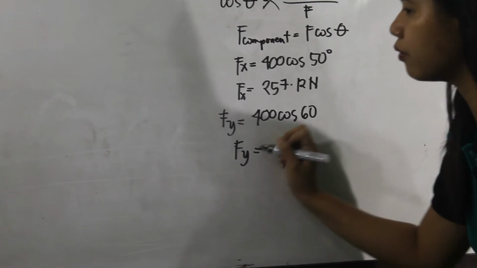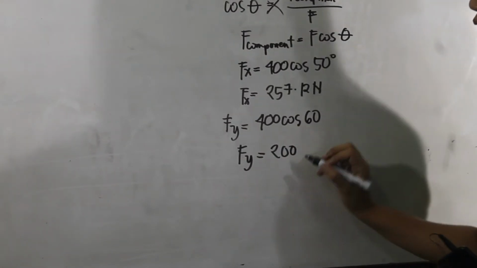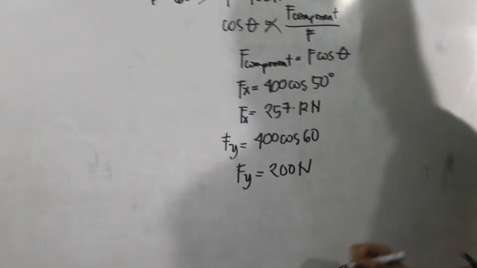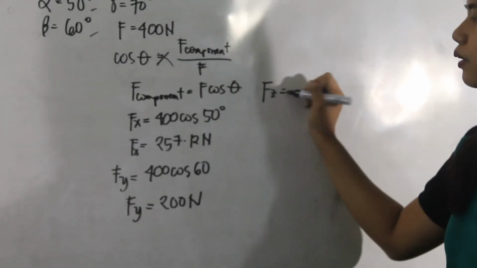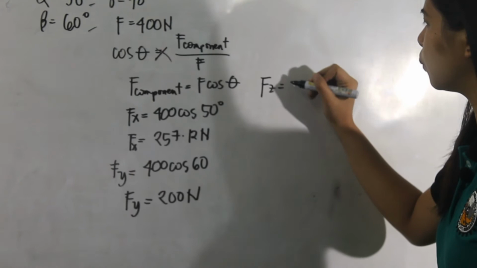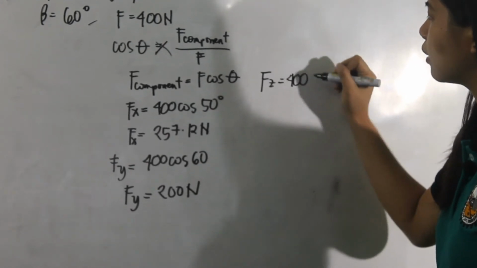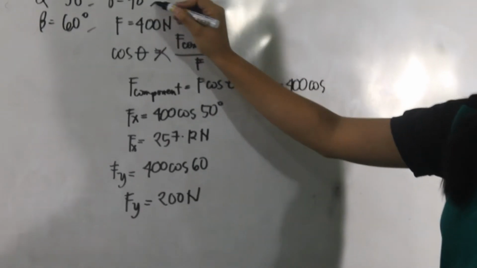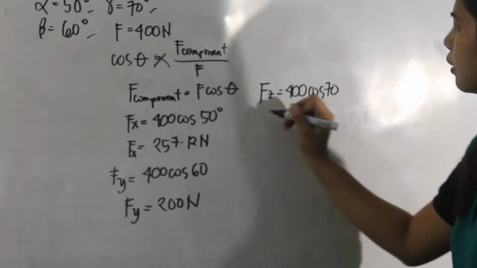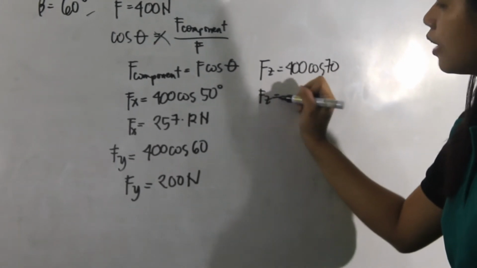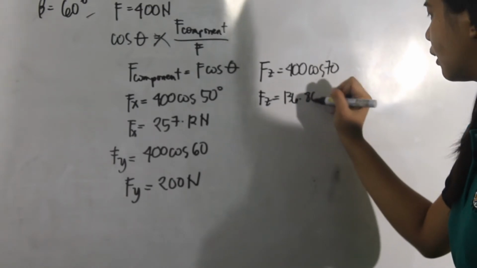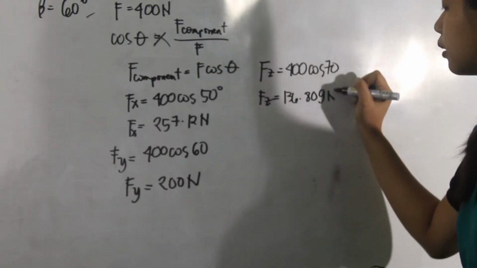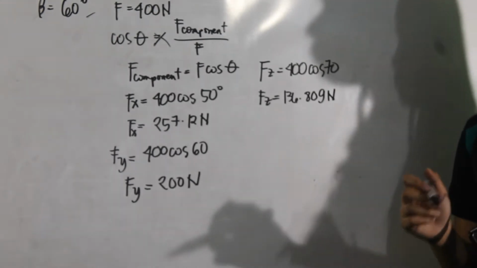So, we have 200 newtons. And for our Fz, that is equal to 400 cosine of 70, and that will give us the answer of 136.809 Newton.